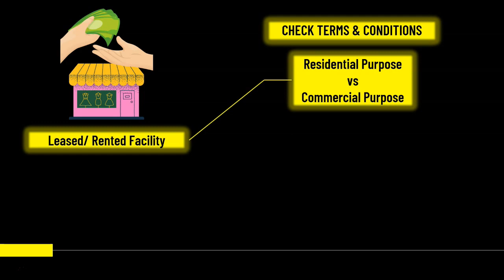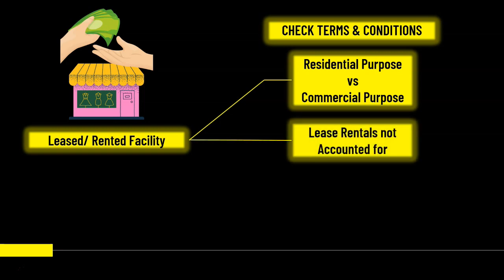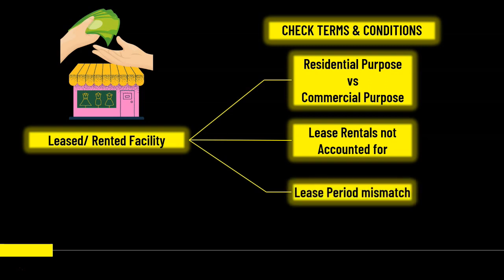The lease rentals were not getting reflected in the projected profit and loss statement, which was wrongly increasing the profit value. The lease period is of 1 year and the proposed facility is a term loan of 7 years. So always cross-check and obtain clarifications from the customer before you proceed further.